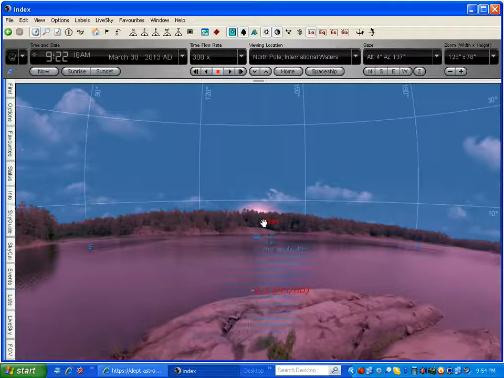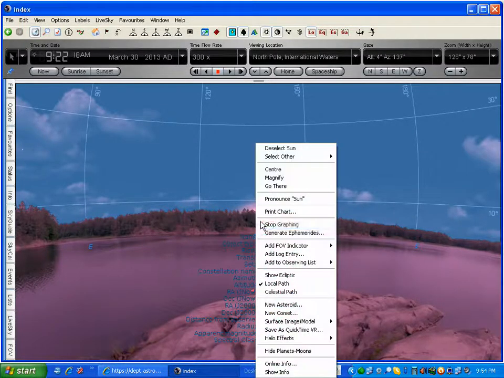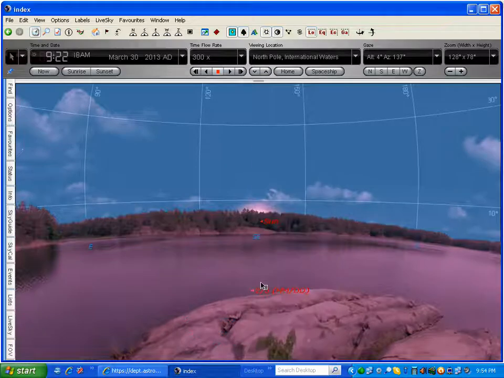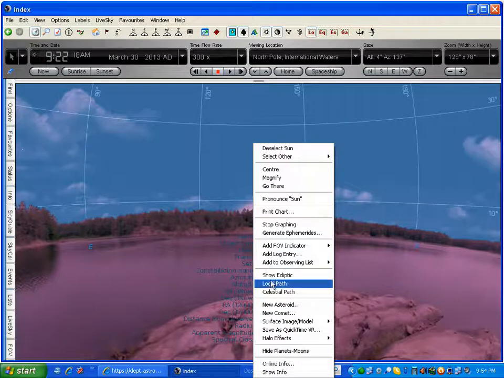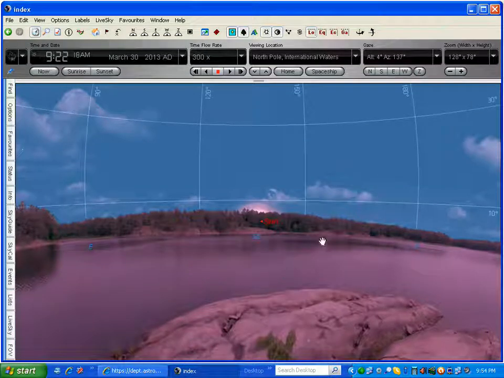And we can now see the sun. All right. Let me clear the local path because we brought it with us. And then I'm going to re-enable it so that it's fresh. Next thing I'm going to do is start it up, and we're going to watch the sunrise.